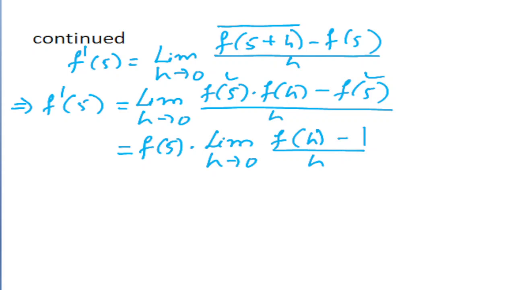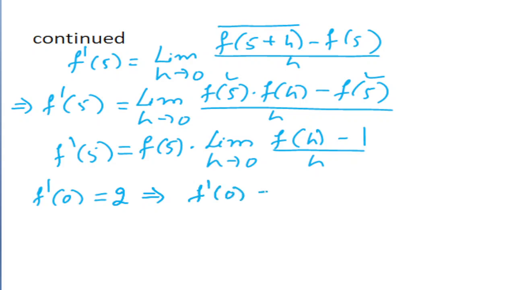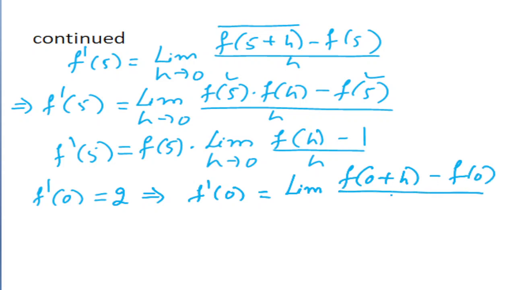Now again we are in trouble. We don't know the value of this limit, but they have given f dash of 0 value. Let's check out what is the value of f dash of 0. That value is 2. Now again, using first principle, this f dash of 0 can be written as limit of f of 0 plus h minus f of 0 whole divided by h as h tends to 0.